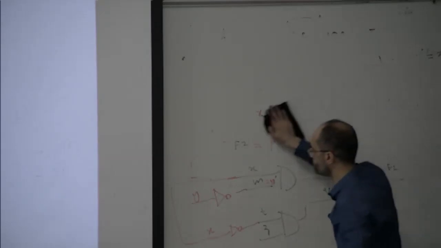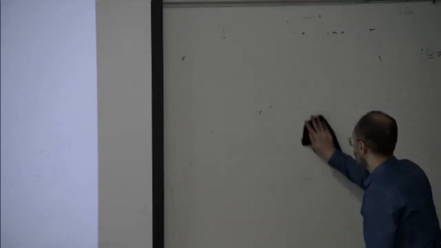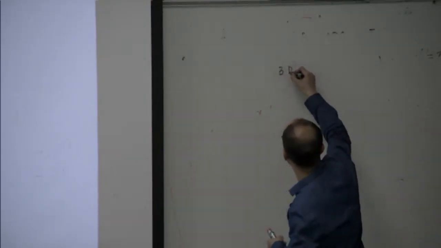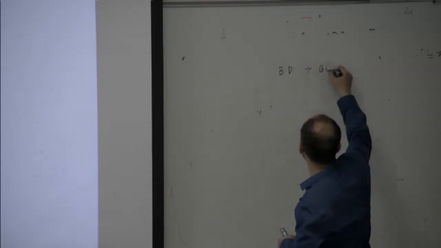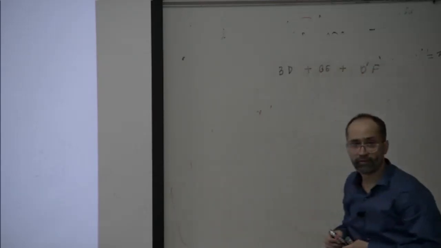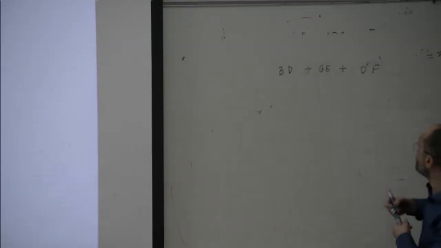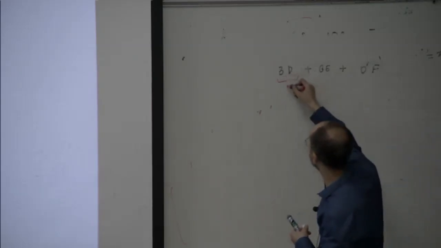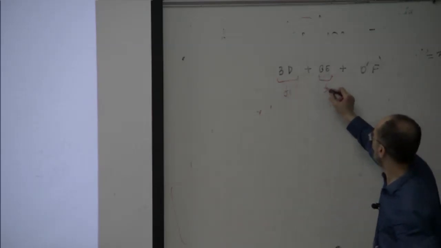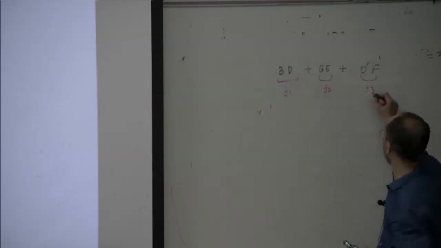Now, if you look here, draw a logical circuit of BD plus BE plus D bar F. Got it? Let's assume this one is F1, this one is F2, and this one is F3.